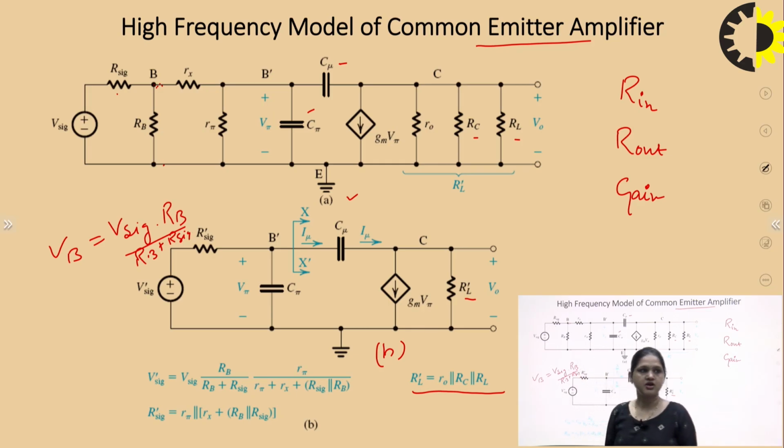This will be the value of VB at this node, and because we have applied the Thevenin equivalent theorem, the resistance will be RB parallel R signal.